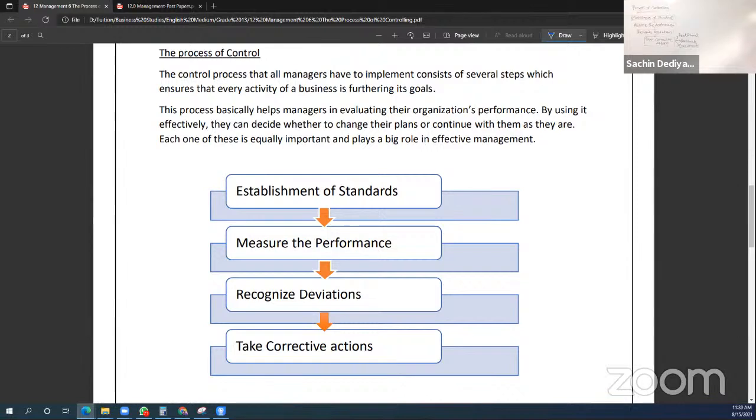So maybe you'll end up with some excess amount. For example, you had a target of manufacturing 5,000 items of apparel. That was your target that you planned in your objectives and goals, let's say a sales target, but you fortunately end up with 5,500 items.